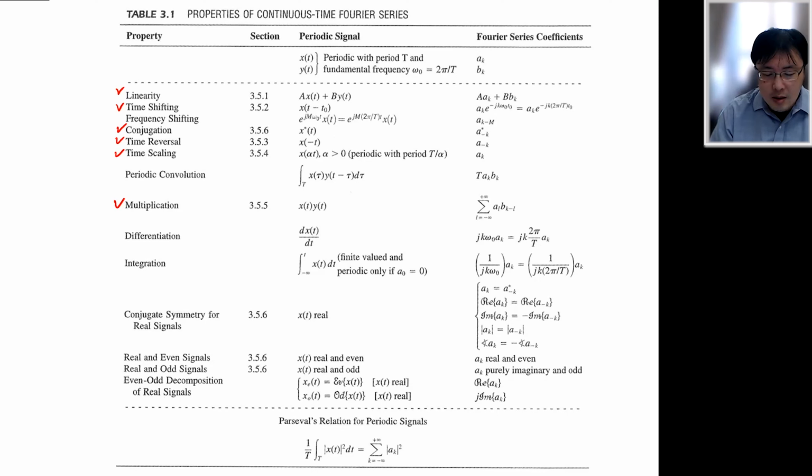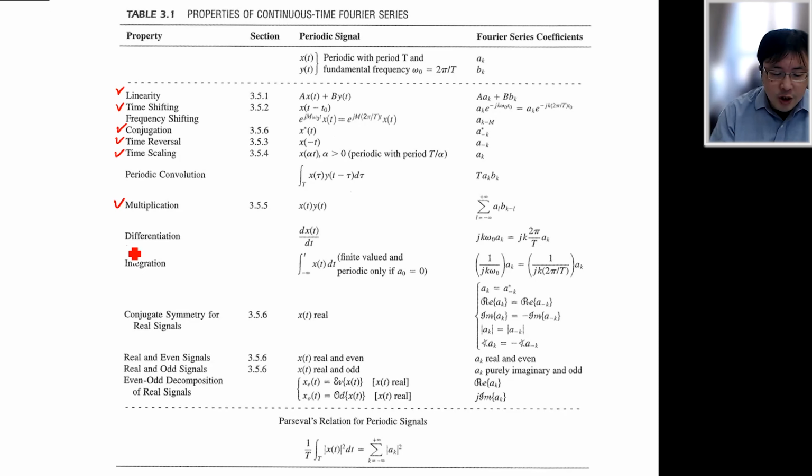So multiplication in the time domain corresponds to convolution in the Fourier series coefficients. And similarly, the other way around, multiplication in the Fourier series coefficients corresponds to convolution in the time domain signals.